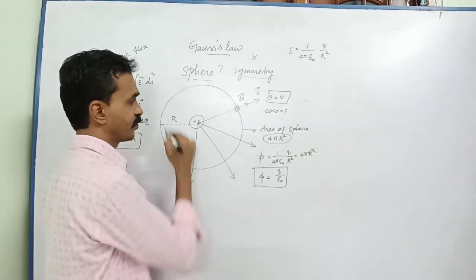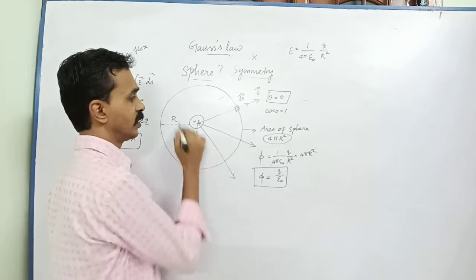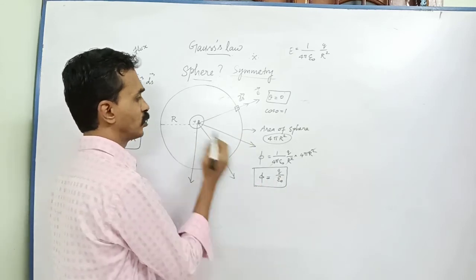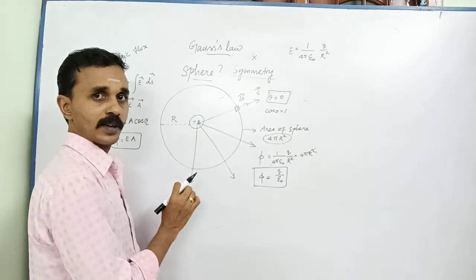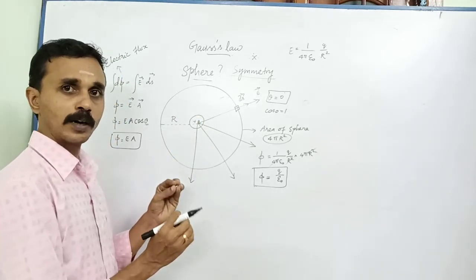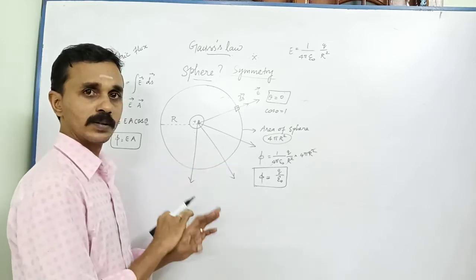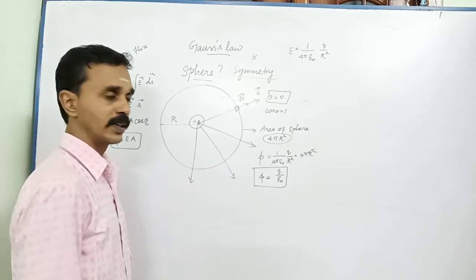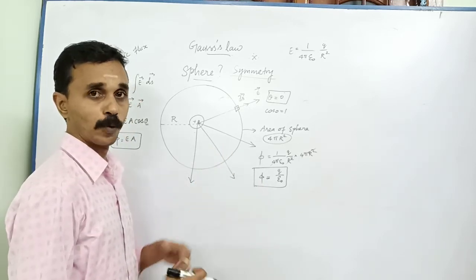So phi is equal to Q by epsilon naught represents Gauss law, which means that the total flux over a closed area depends on the net charge enclosed within that area. Suppose you have a dipole inside the sphere. A dipole has equal and opposite charges, minus q and plus q, so the effect of these two charges will cancel each other, and therefore the flux will be zero in the case of a dipole.